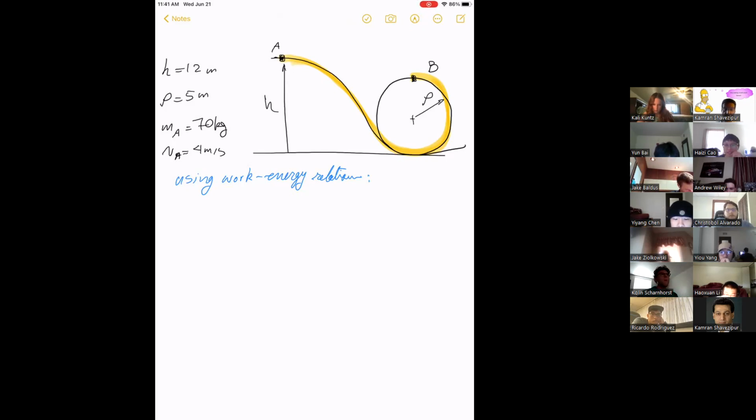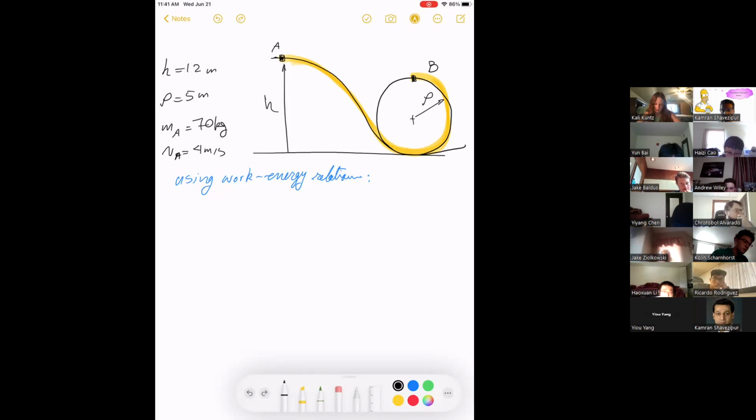So we have only gravity here, right? You have reaction forces as this goes around, right? You have reaction forces everywhere. And we want to find that, are reaction forces conservative or non-conservative? Someone say something. Like Ricardo, are the reaction forces conservative or non-conservative? I think those are non-conservative.